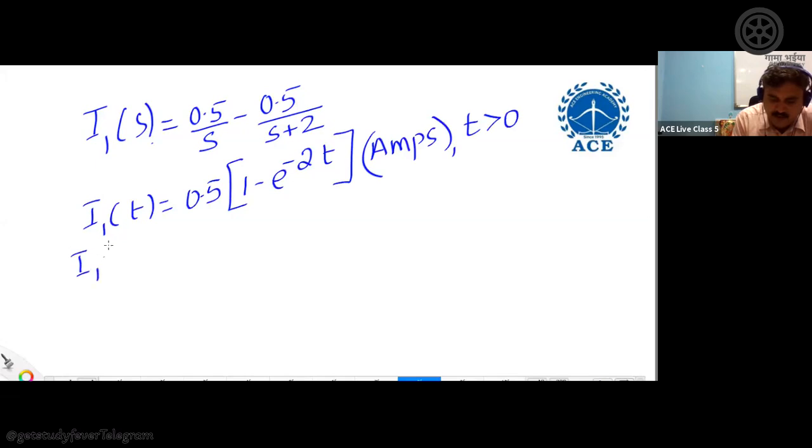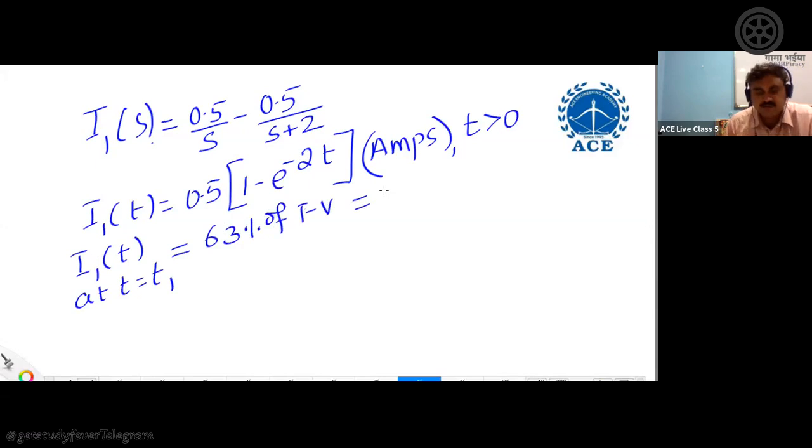He is saying i1(t) at some time t equal to t1 has to be 63% of the final value. What is the final value? Substitute t tends to infinity; e power minus infinity becomes 0, and the remaining term is only 0.5. So it is 0.63 divided by 2. I am writing 0.5 as 1 by 2.